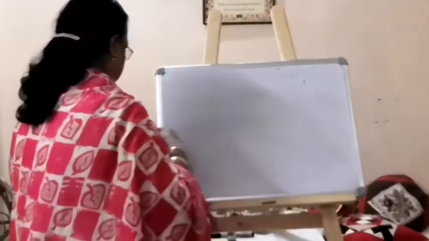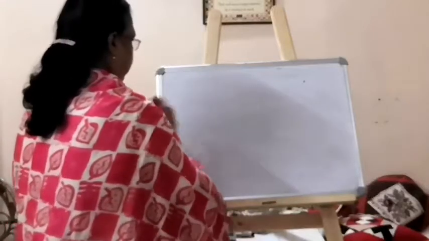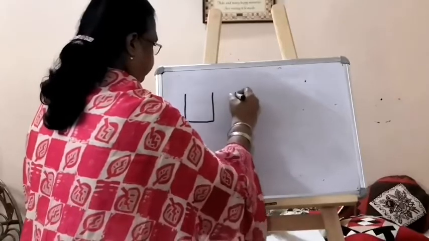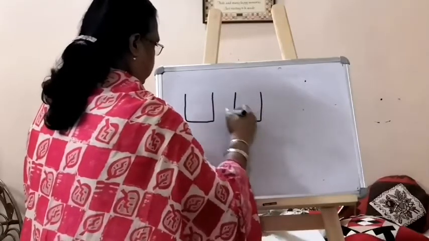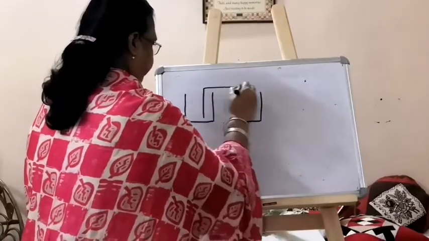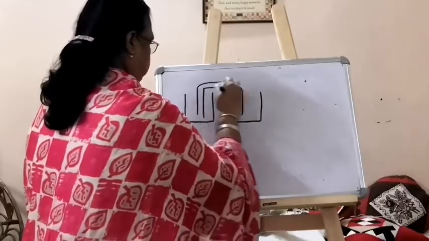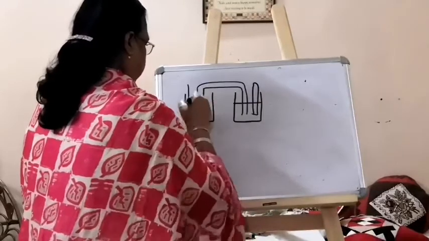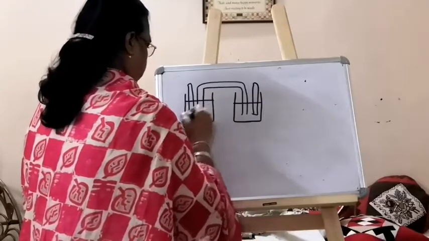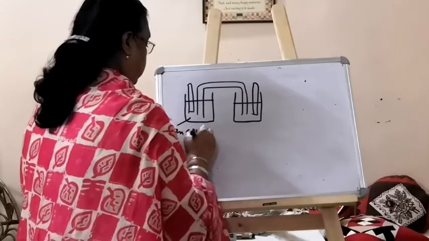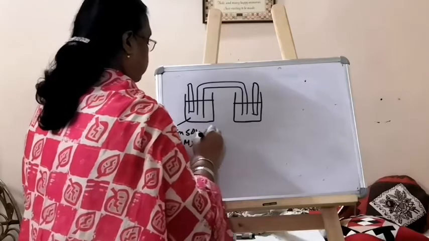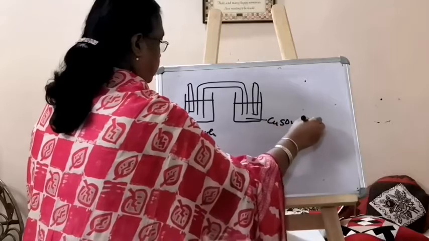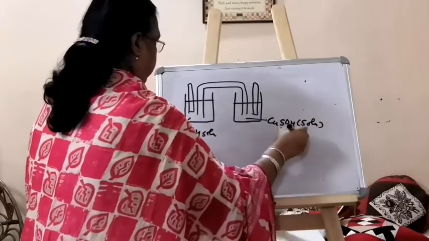Keeping this in mind, now I'll teach you how you can find out the electrode potential of a half cell. Let me draw the diagram quickly for you. Here is the salt bridge, and here are the rods. This is zinc sulfate, 1 molar solution, and copper sulfate solution, 1 molar.